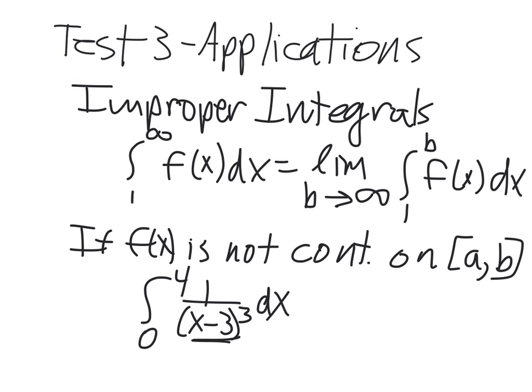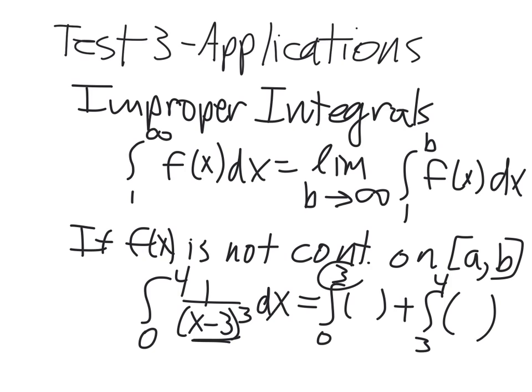Okay, not continuous at 3, so what we'd have to do, split it into 2 parts. And then this one we'd have to do the limit as b, well, not approaching infinity, but b approaching 3 from the left. And then this one, the limit a approaching 3 from the right. We'll have 2 different parts, 2 different limits to do on that improper integral. So that was kind of the first part.